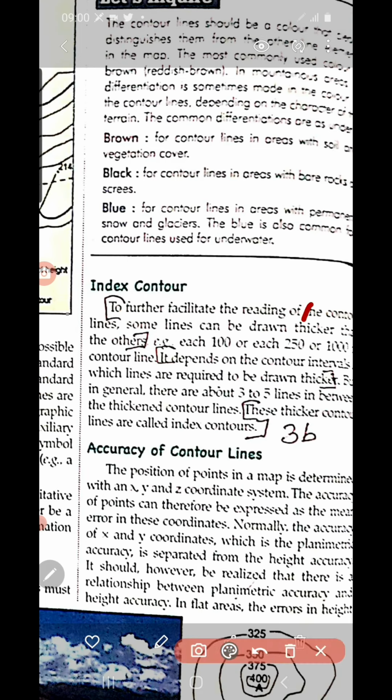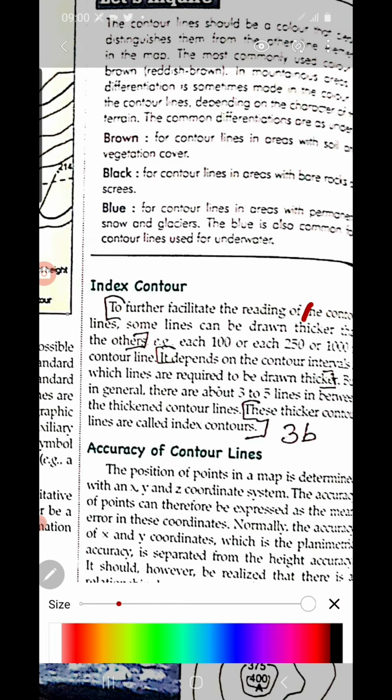So it depends on the contour interval which lines are required to be drawn thicker. Examples are given like 100, 250, 1000. It depends upon the necessity, so accordingly they draw that contour thicker. These thicker contour lines are called index contours. Understood? Very clearly.